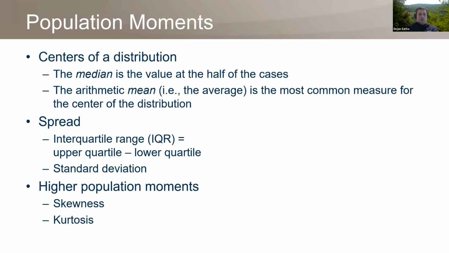And with higher population moments, skewness, we are measuring whether the tail is on the right or on the left, and kurtosis, how important the tails are. Of course, in case of having a lot of cases way out of the mean, then we have high spread in the distribution, and the standard measure is standard deviation, but we can also use the interquartile range: read the value on the third quartile, subtract the value on the first quartile, and compare it to standard deviation.